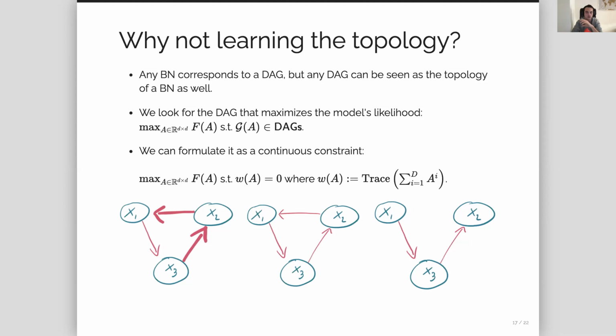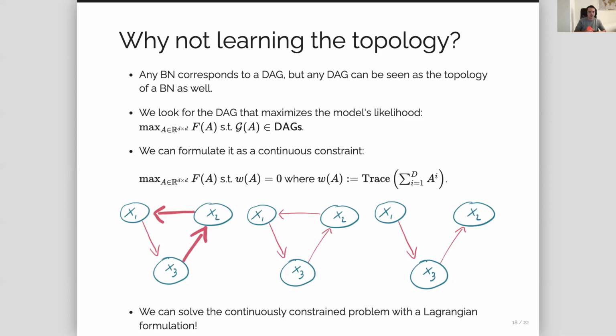So it means that when the graph is not acyclic, so the graph is cyclic. And so here you can see, for example, that the value of W(A) in the left graph will be very high because the edges that must be used to go from a node to itself are large. Then it will be a little bit smaller in the middle graph because these edges are thinner. And it will be exactly 0 in the white one because it does not contain any cycles.